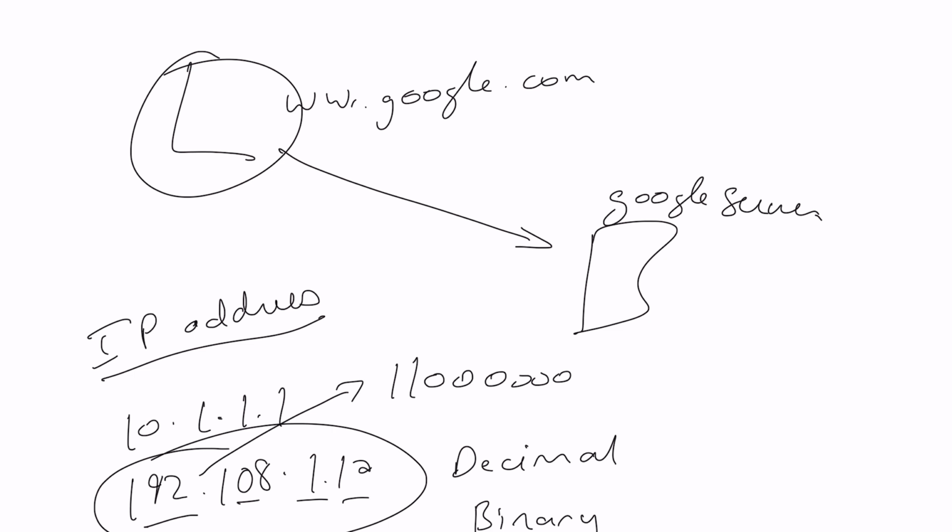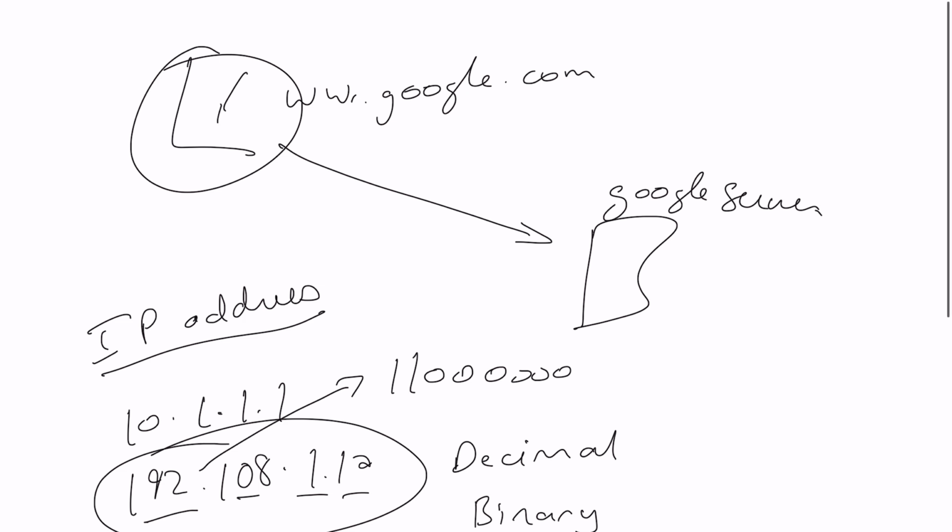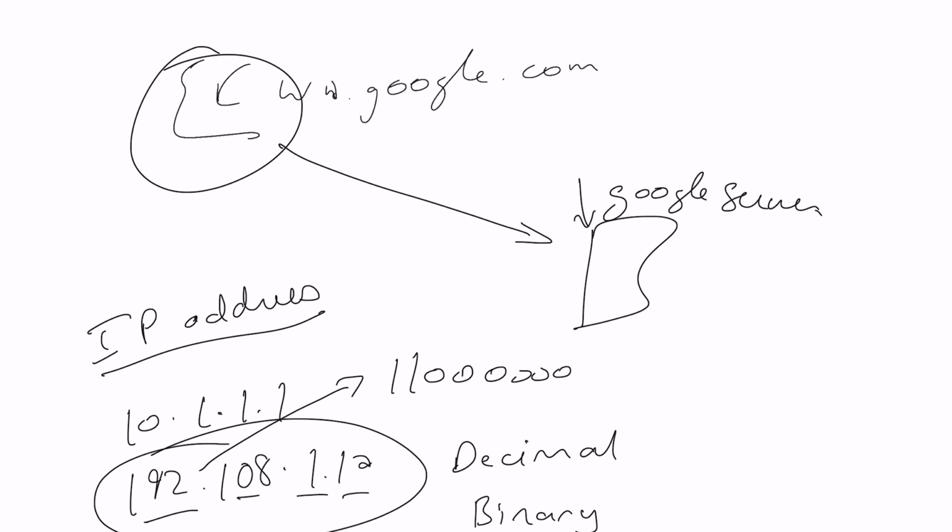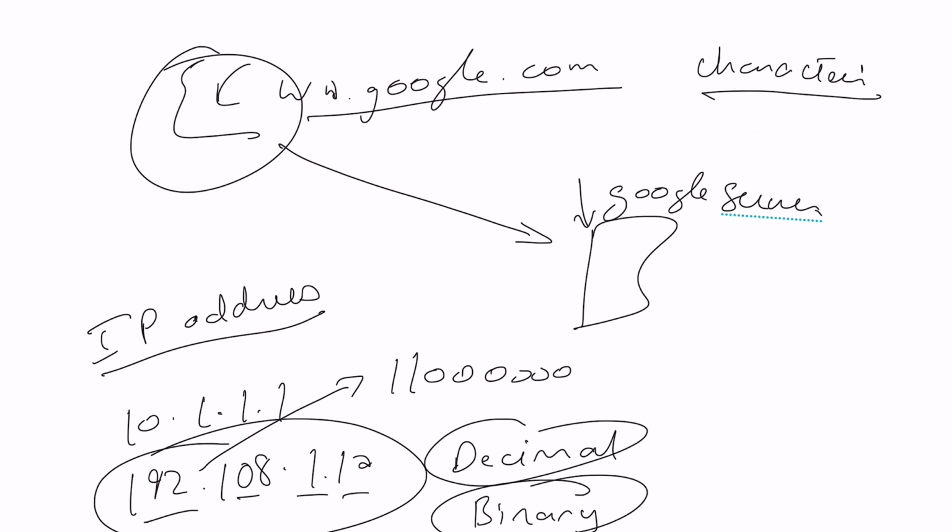So going back to our scenario where this client is trying to reach this server, the only thing typed in the browser was this address, www.google.com, which is of course in characters, right? It is not in binary, not in decimal. That means there should be a mechanism where this address is converted into binary.